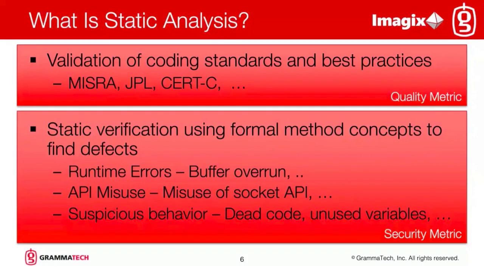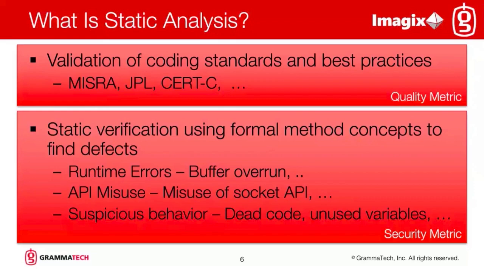And this is a tricky one. If you've really followed coding standards such as MISRA or JPL or CertC, and the team that has developed the source code has stuck to those coding standards, then they can be really good metrics, right? Because it means that you either have or have not been following what you said you would do.